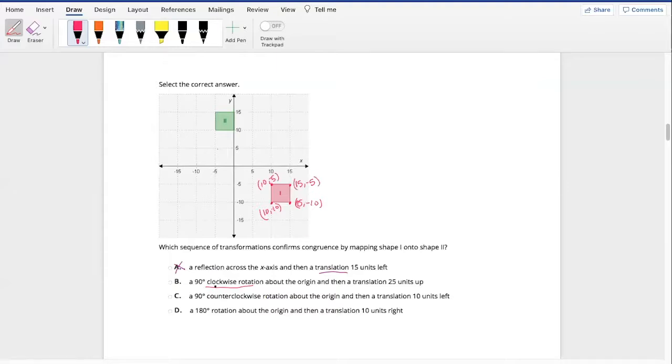So if I'm going to do a 90-degree clockwise, that rule is our ordered pair, the x and y values flip, and the value of x becomes the opposite. All right, so that means that this 15, -5 is going to become -5, 15, and that x value would become the opposite.